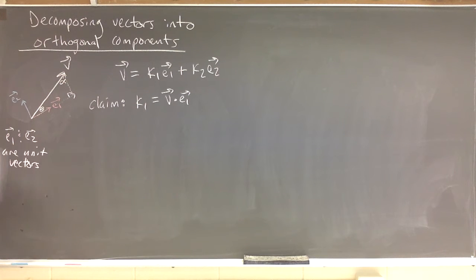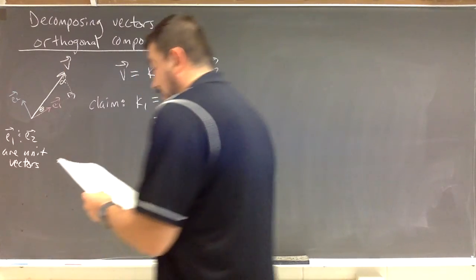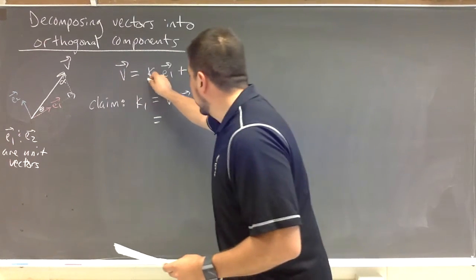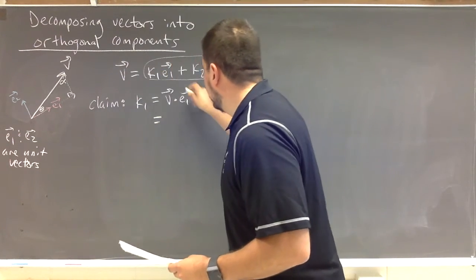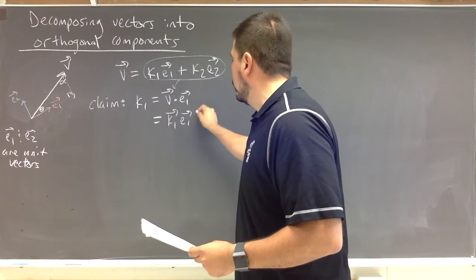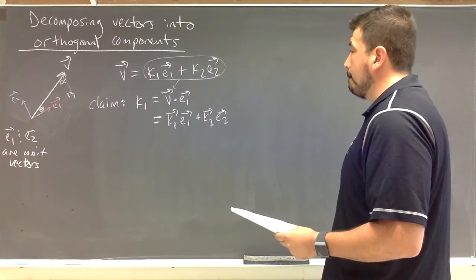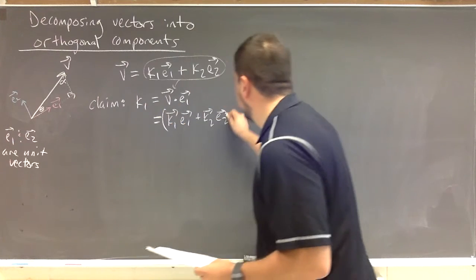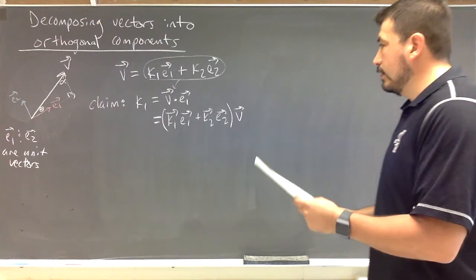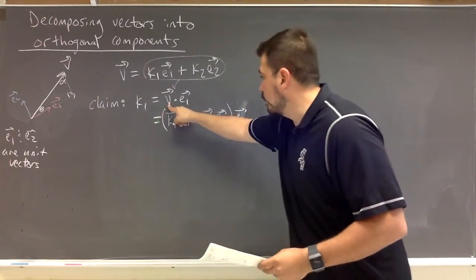So the claim anyway is that this scalar is going to be that, and we're going to go ahead and verify why that is. We can use this definition and plug it right in there. So now we get K1 E1 plus K2 E2 dotted with vector E1, just plugging in for V here.